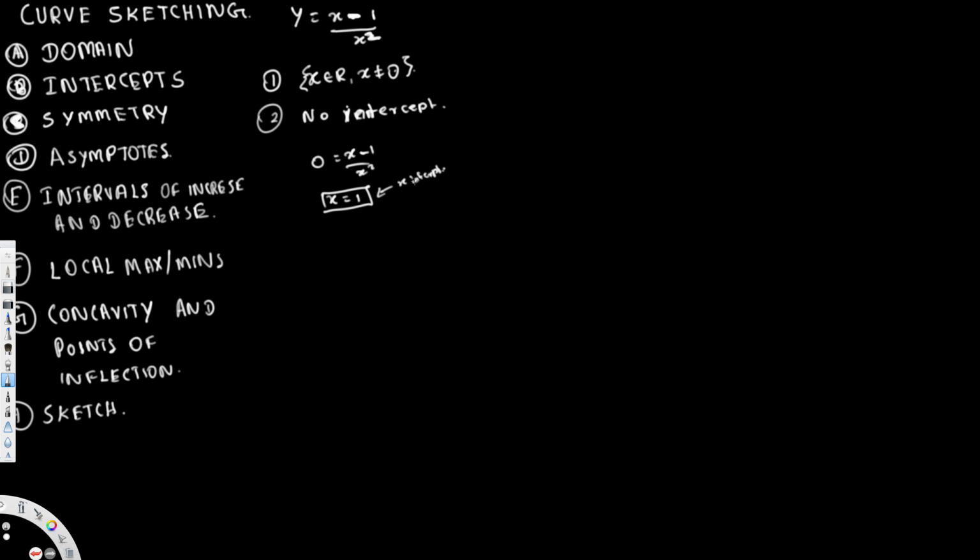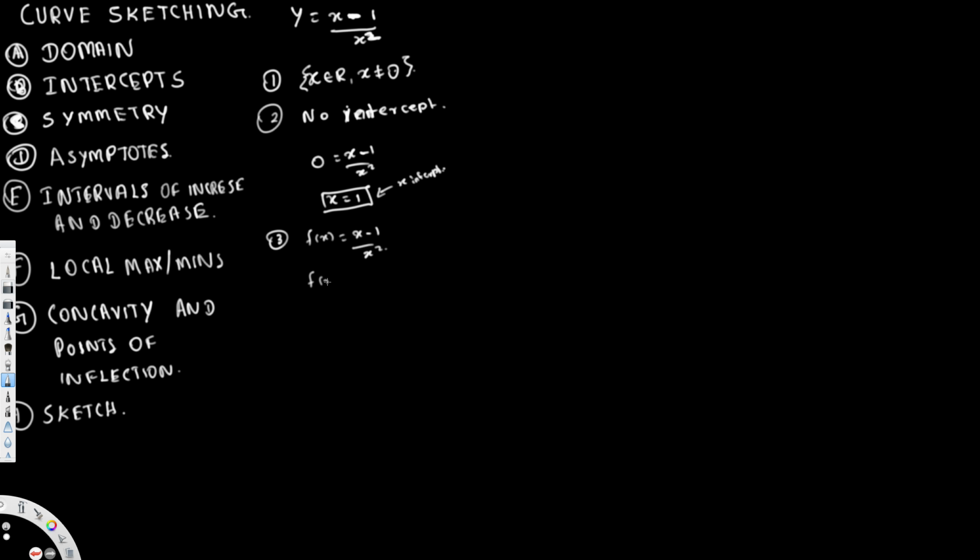Then we have to find whether it has symmetry or not. For that, f of x is equal to x minus 1 over x square. To find whether it is symmetric or not, I have to plug in negative x and see if I get the same value as this one.